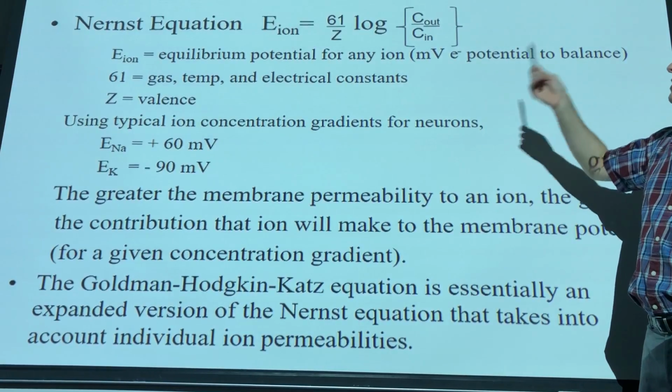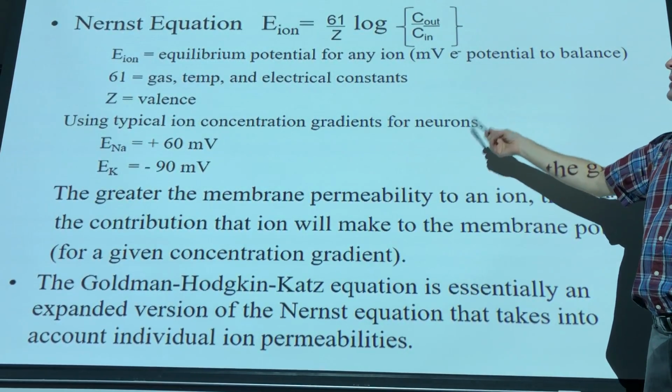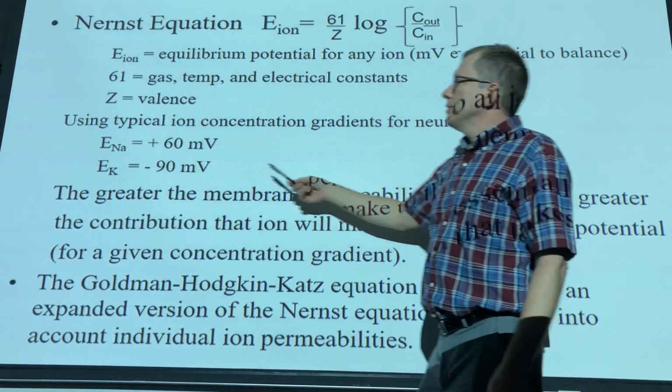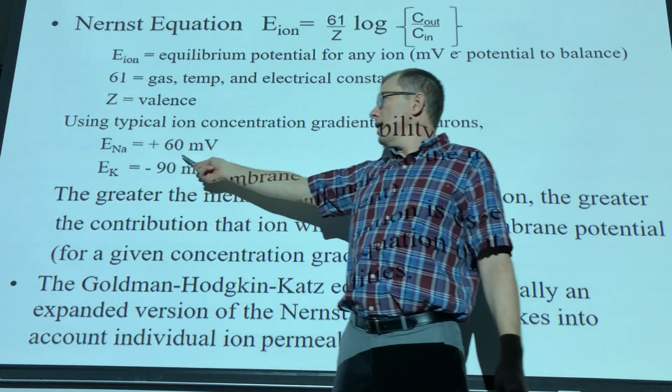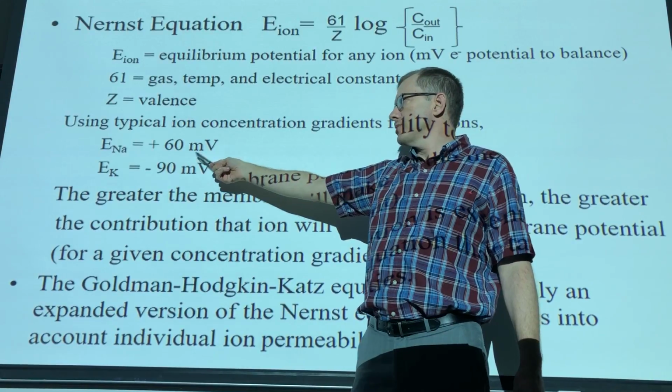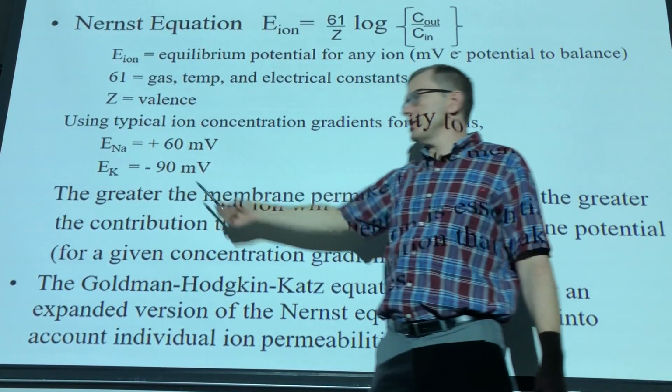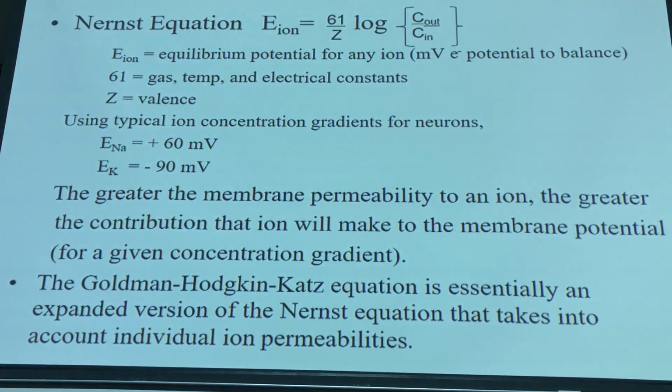If you plug all that stuff in, what you end up with is the equilibrium potential for sodium is plus 60 millivolts, and the equilibrium potential for potassium is minus 90. Those numbers you have to know, okay?